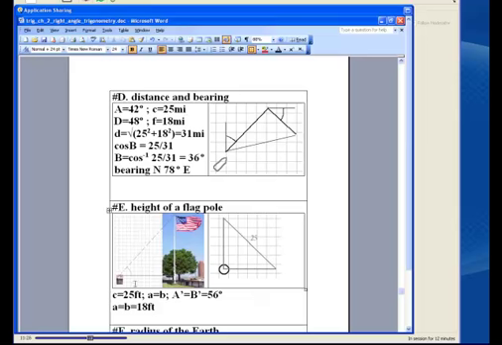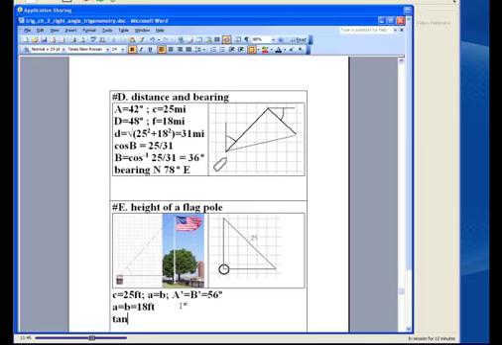Now we're going into vertical, and we're saying that this angle here is 56 degrees, and this distance here is 18 feet, and we're supposed to figure out what the height of the flagpole is. Well, we have given the adjacent. We're supposed to determine the opposite, so we need the tangent.